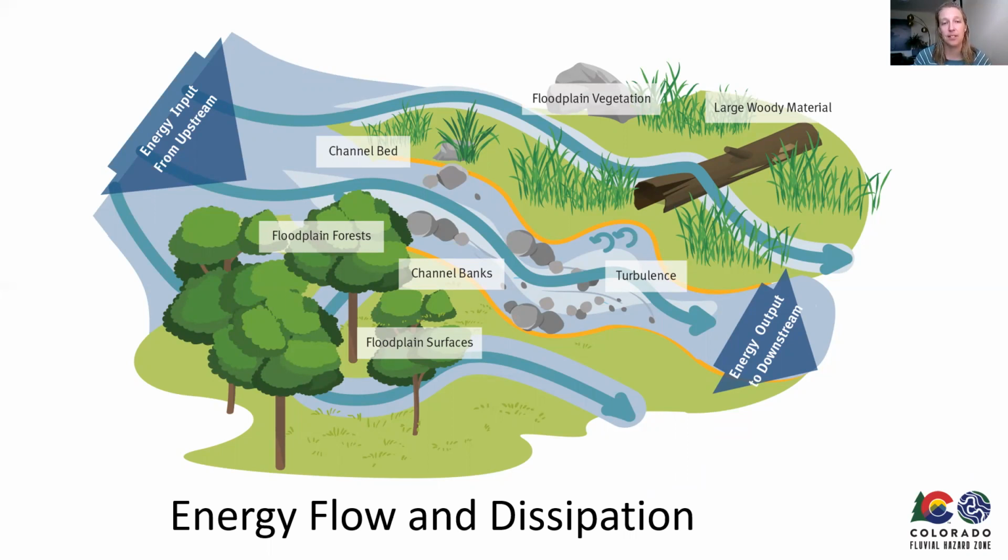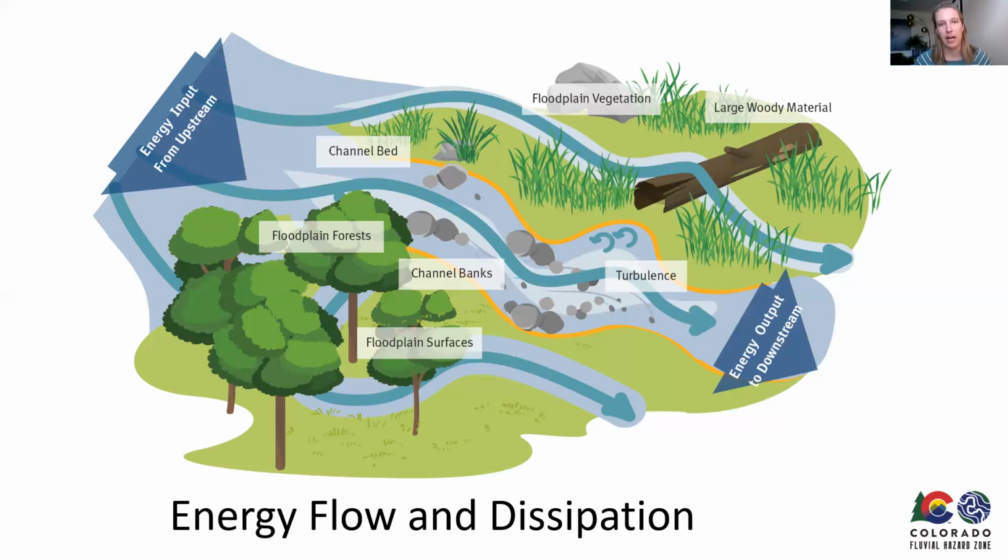Oftentimes when we do civil works projects, we transfer this energy to downstream reaches. If the reach downstream is able to handle that because it's a natural floodplain with a lot of space to change, deposit sediment and erode banks, that's not an issue. But oftentimes with civil works or riprap projects, all we're doing is transferring energy out of the reach, which effectively is just transferring the problem.